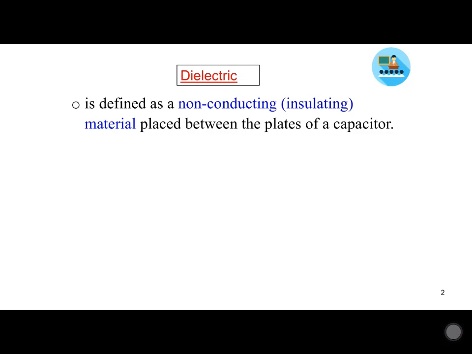So what is the dielectric? Dielectric is defined as a non-conducting material placed between the plates of a capacitor. So you have to imagine an insulator.